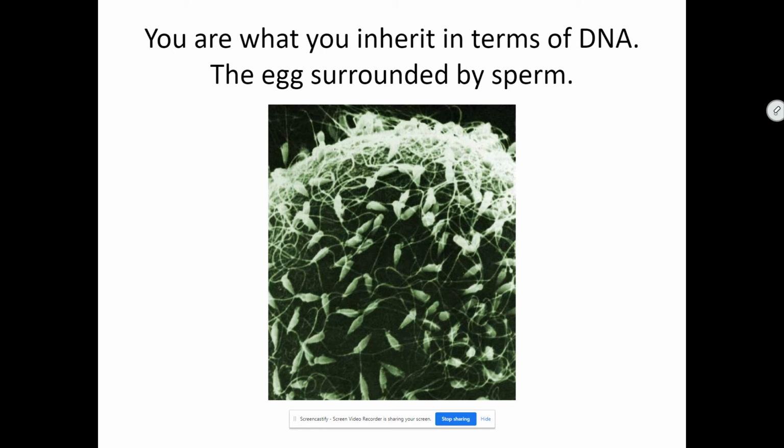Remember fertilization. Sperm plus egg equals zygote. And remember haploid and diploid, whereas the sperm and the egg are both haploid and they combine to make a diploid zygote.